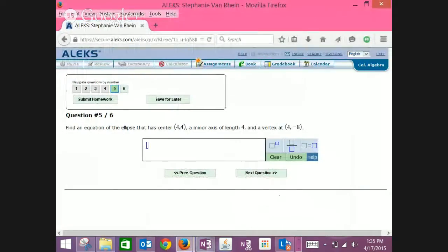So we want the equation. So I have (x minus 4) squared divided by 64? 16? 4 squared. Is that right? 64.